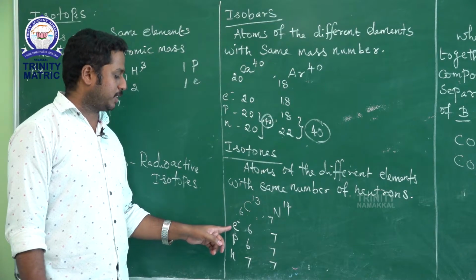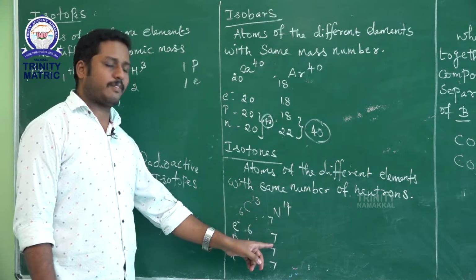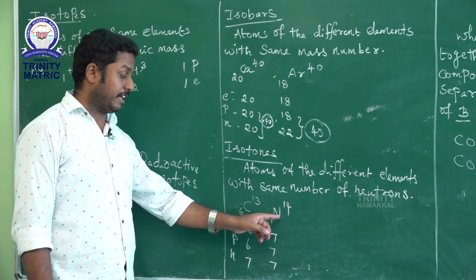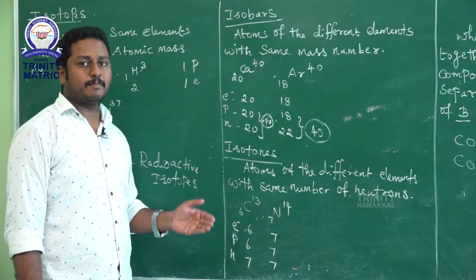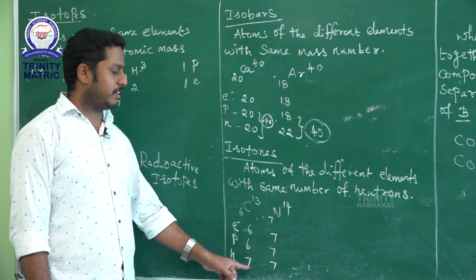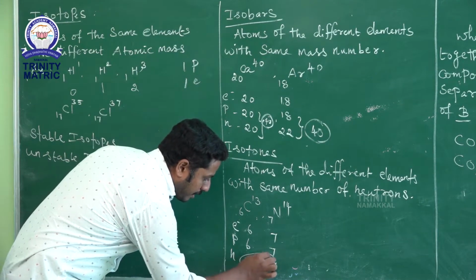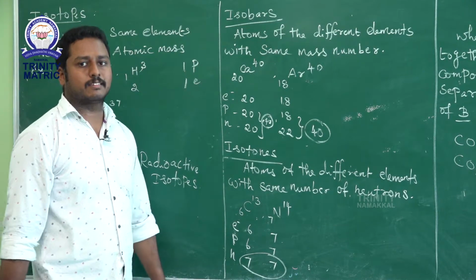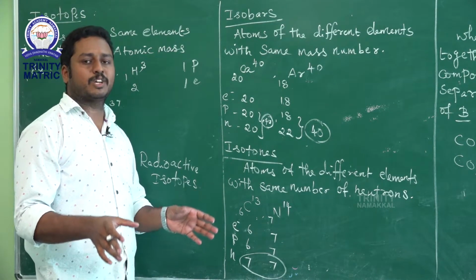Carbon has 6 electrons and nitrogen has 7. Carbon has 6 protons and nitrogen has 7 protons. The number of neutrons is mass number minus atomic number: 13 minus 6 is 7, and 14 minus 7 is 7. So in both cases the number of neutrons is equal.